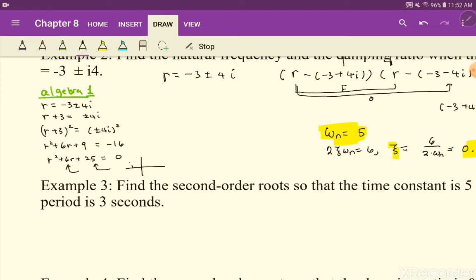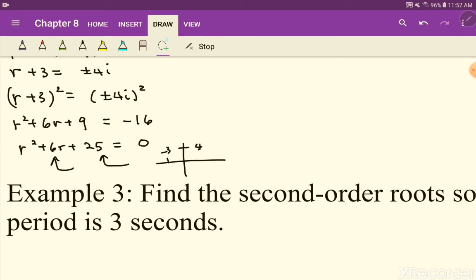We have -3 and 4. Let me move -3 over down. Oh, it's too tiny. It doesn't want to do it. Okay, I'll just rewrite it. So -3, this is the real part of the root, and this is the imaginary part, 4.